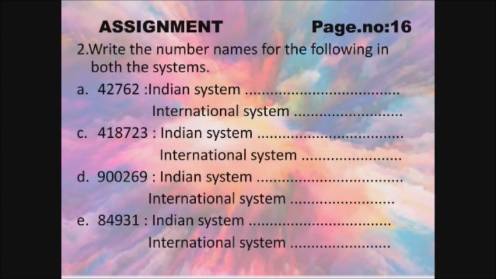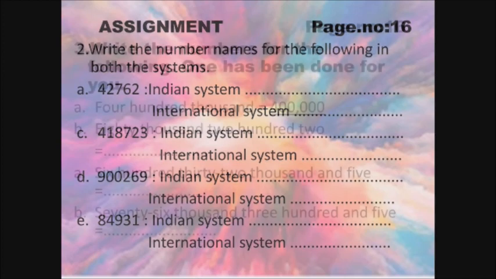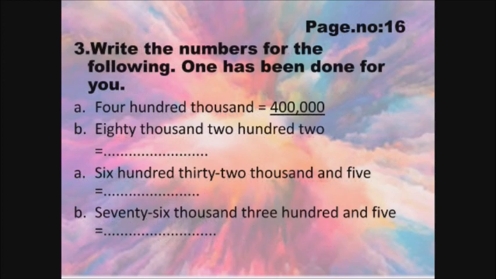Now it's time to work. I have given assignment for you in page number 16. Write the number names for the following in both the systems. So under this I have given 4 sums. You have to write the number names in both Indian system as well as in international system. Next, I have given one more assignment in page number 16, third sum.